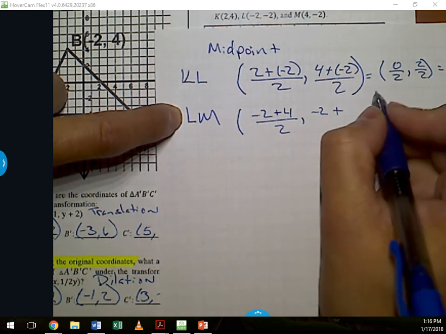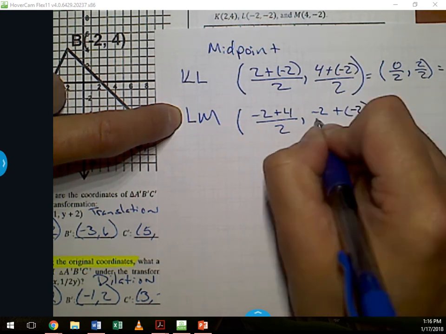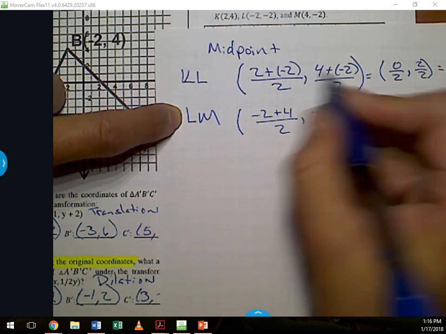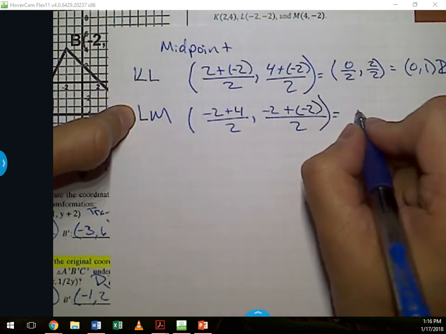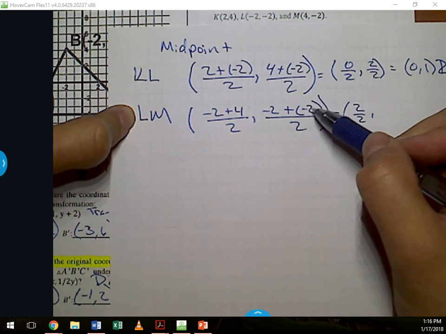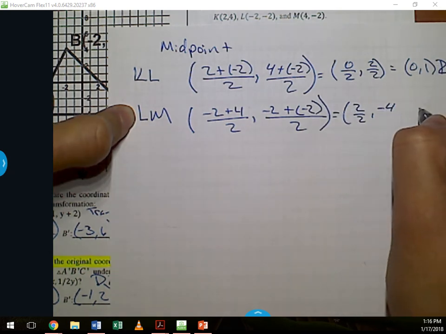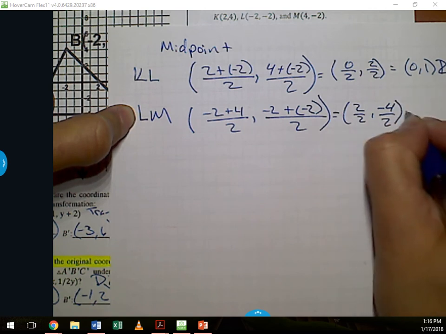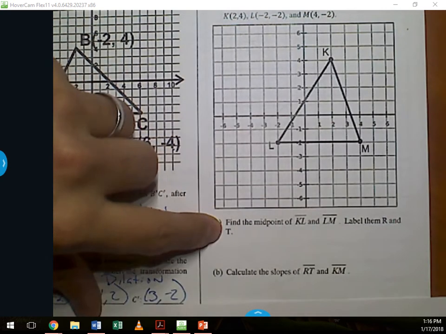Plus, Y from my second? What is it? There we go, all over 2. So this gives me 2 over 2, and negative 2 plus negative 2, negative 4, right? Negative 4 over 2, which gives me the point 1 comma negative 2, and according to what they said, label that one T.